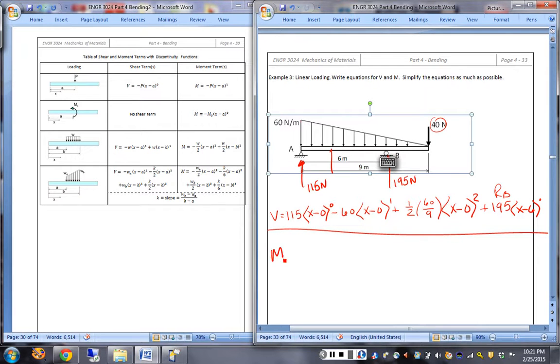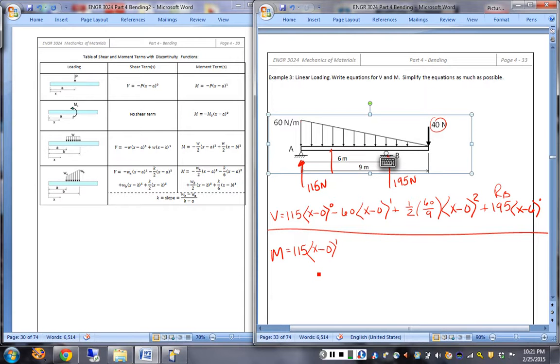For the moment equation, we start with the reaction at A, which is 115 newtons, times x minus 0 to the 1.